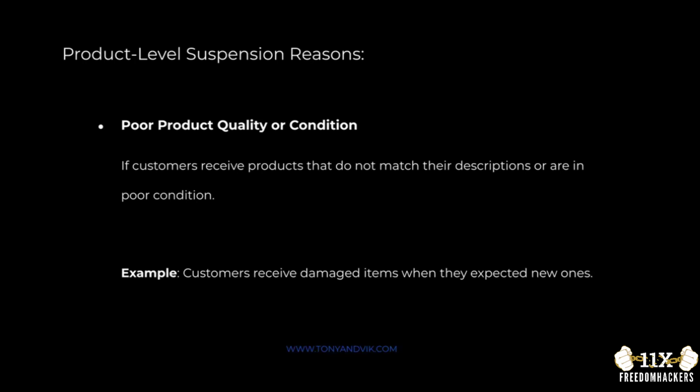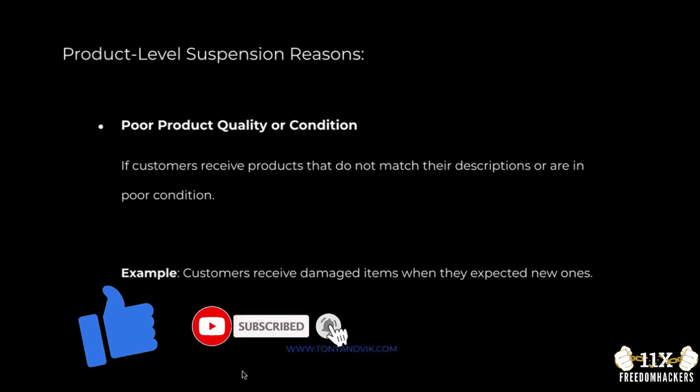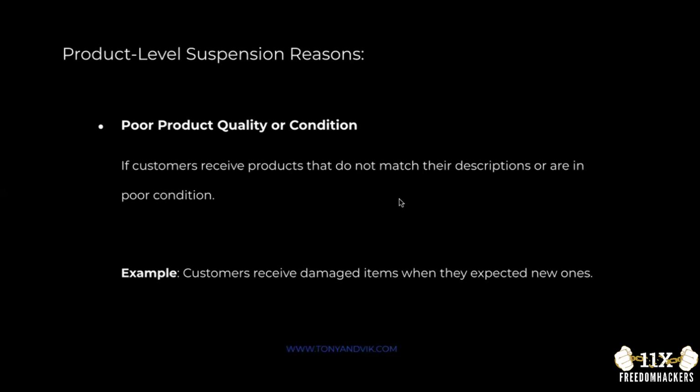So if we get more than 1% of defective units, then that's going to be a problem, and that's going to put our Amazon account at risk. So we really need to make sure that the items that we are selling are good enough and there are no quality issues or anything else like that.